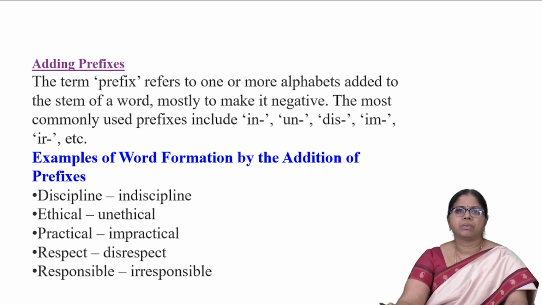To respect, we have prefixed dis and derived the new word disrespect. To responsible, we have prefixed ir and got the new word irresponsible. So this is one of the processes: we add a prefix to one word and get another new word, and this is derivation.